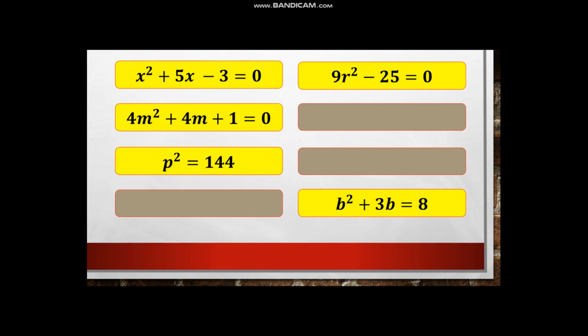But it is definitely okay. It doesn't necessarily mean that if a quadratic equation is not written in standard form, then it is not considered a quadratic one. No, it's not. It's fine, because there are really some equations that are not yet expressed in standard form. So in these examples, let us determine which equations are written in standard form.